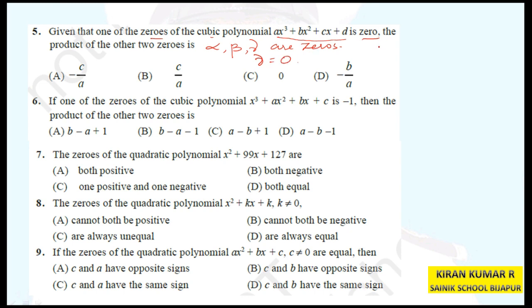We have learned in our previous discussion, whenever we take the sum of the product of two zeros at a time, alpha beta plus beta gamma plus alpha gamma, which will be c by a.